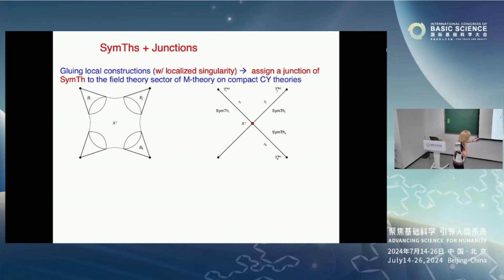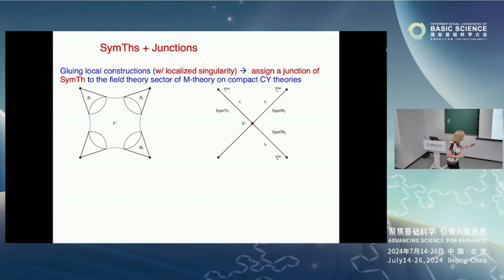Okay, and so we can view that now a symmetry theory is associated with each non-compact example, and now in the center they are being glued together, they come together. And so in the center we have now typically some boundary conditions that are not completely topological. For example, U1s are not in this construction.